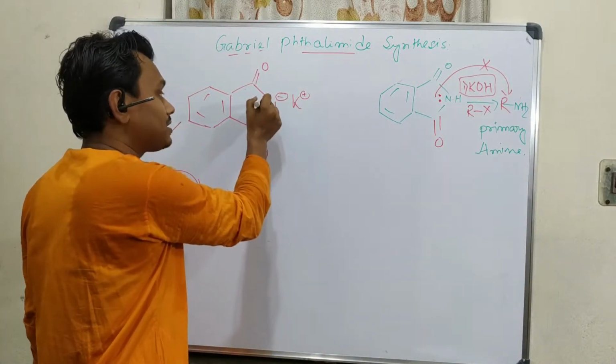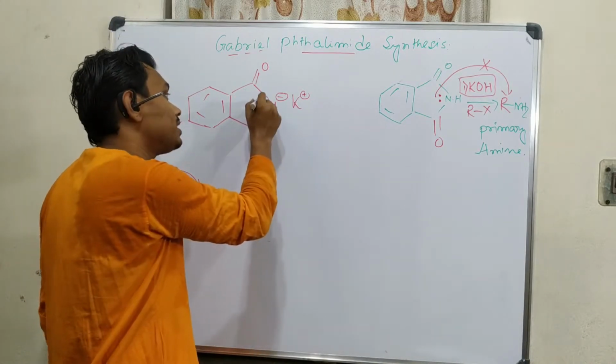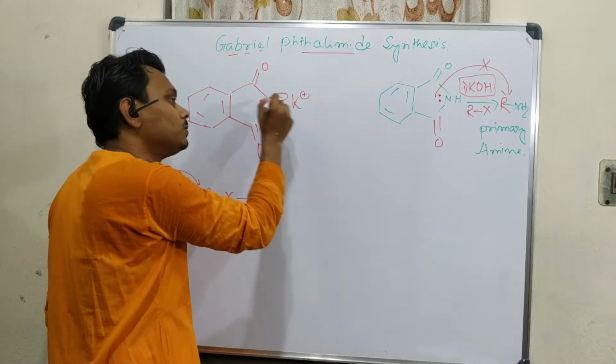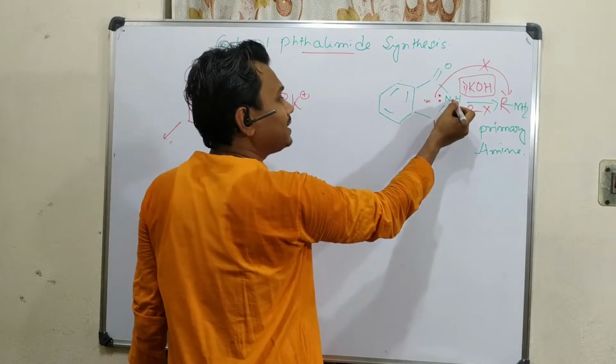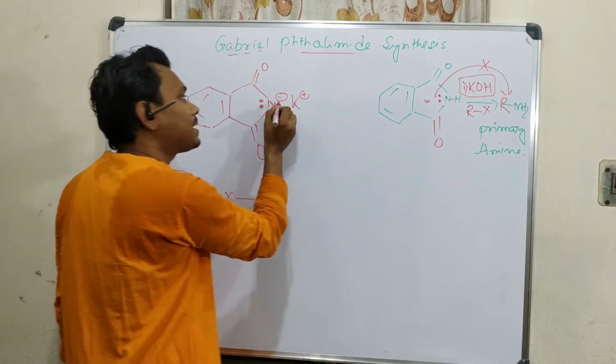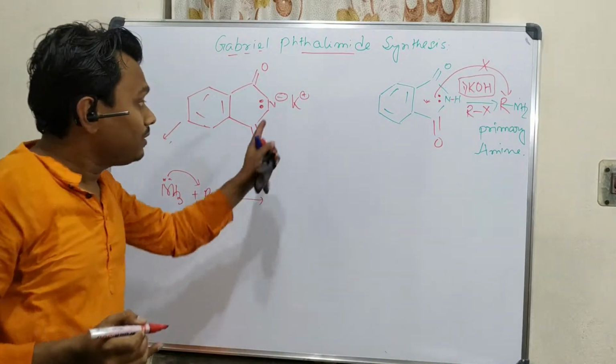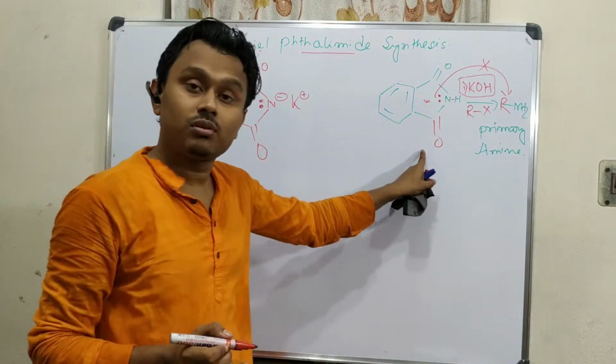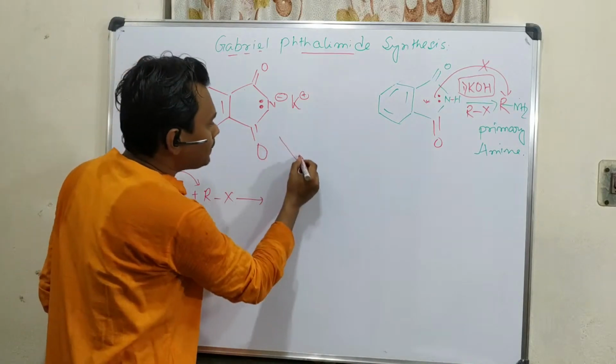So if I ask you how many lone pairs are there, actually here two lone pairs are there. One lone pair is this lone pair, and another is the bond pair of the NH bond. When the proton is abstracted, that pair remains on the nitrogen. So right now it is nucleophilic. Previously it was not nucleophilic. So what happened?